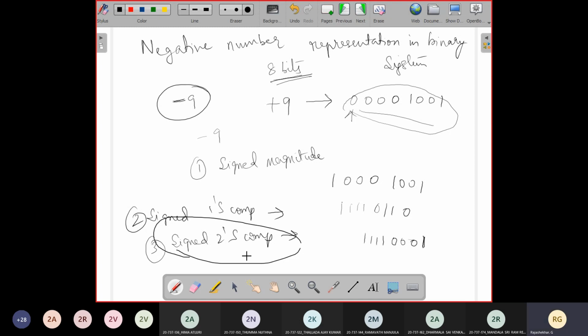So whenever the computer performs subtraction, just now we have seen, when you are doing subtraction, are we using 2's complement or 1's complement? We are using 2's complement. So the numbers are represented using signed 2's complement by the computer system whenever it is performing binary arithmetic for a subtraction operation. Am I clear, guys?